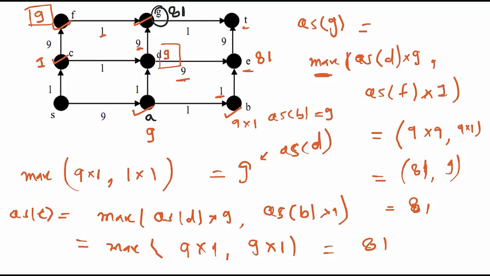Now, what about the quality score of T? I can again take the maximum of quality score of, let me erase it here and then I will rewrite.